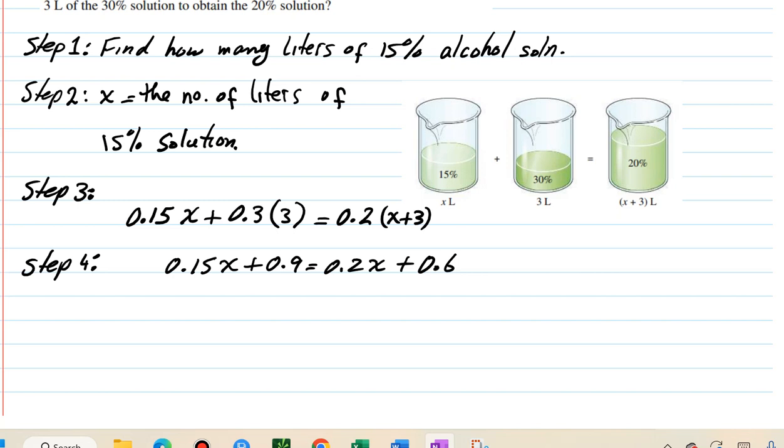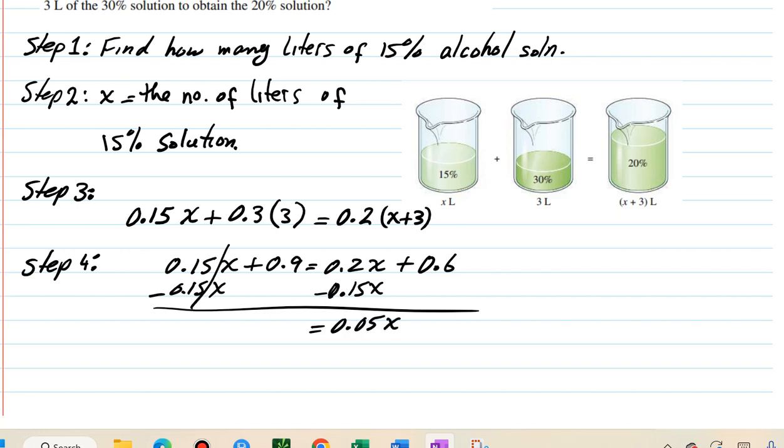Next, I'm going to subtract 0.15x from both sides, so x would be positive on the right side, positive 0.05x. At the same time, I'm going to subtract 0.6 from both sides. That's going to give me 0.3 on the left side.